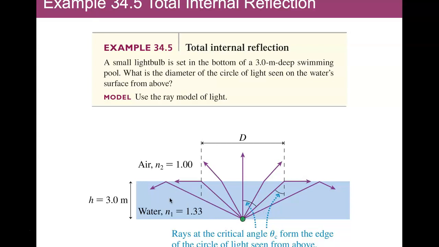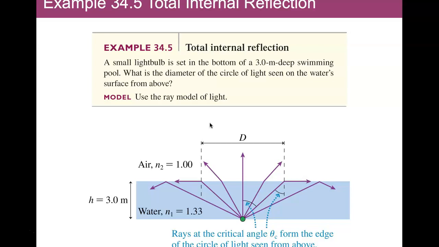They go in all directions. But if they're going this way, air has a smaller index of refraction, so there's going to be some critical angle for which no light comes out. Everything gets reflected back into the water. So we're going to see this bright circle when some light comes out of the water and enters the air.